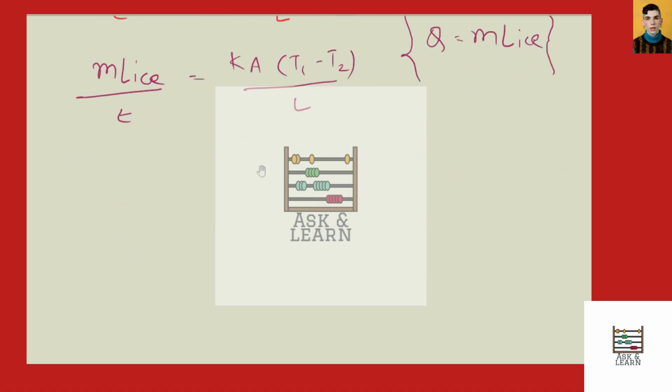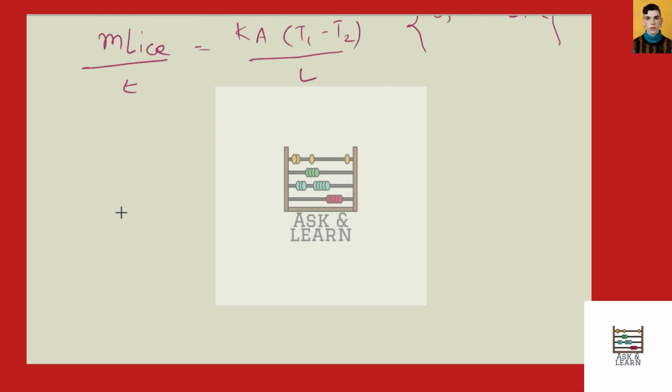Now we have to find the rate of melting of ice, that is M by T. This will be given by K A into T1 minus T2 divided by L into L of ice. Now put all the data in this equation.